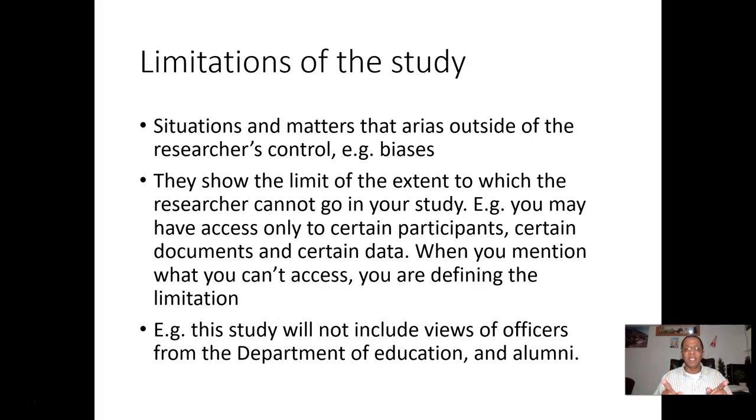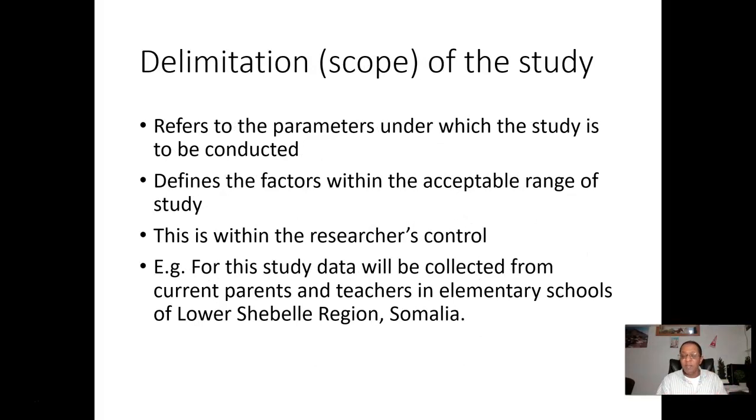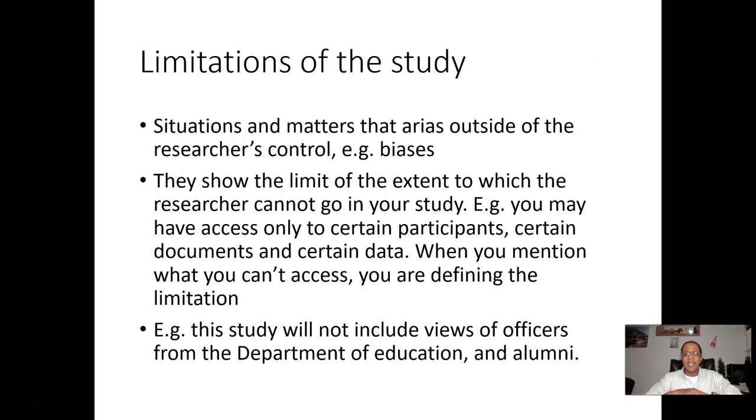Then you have limitation. Limitation is different from delimitation. When we talk of limitation, we are talking about situations and matters that arise outside of the researcher's control. Delimitations are within your control, but limitations are outside of your control. Simple example: due to COVID-19, it is expected that some participants may not be available to the researcher.